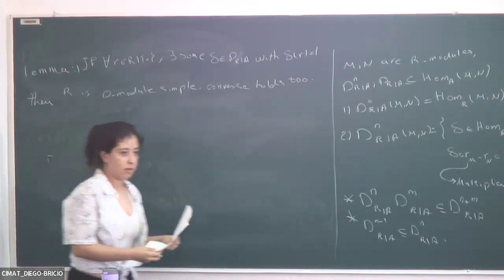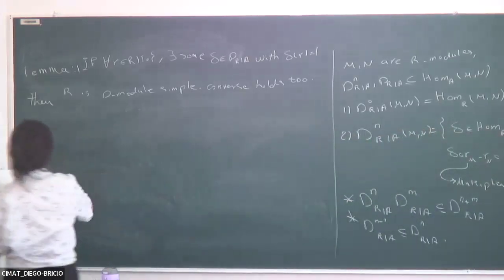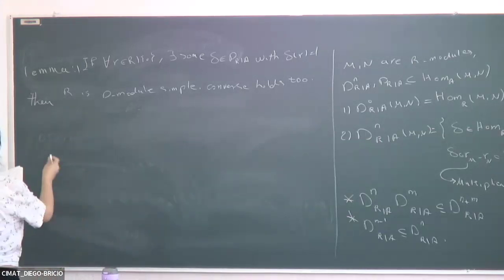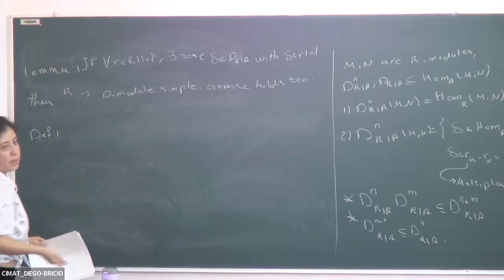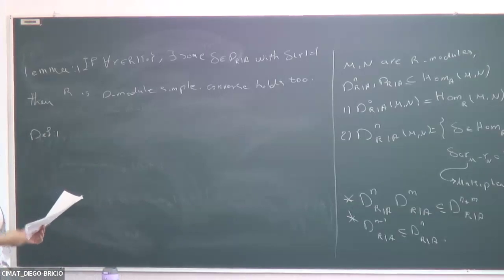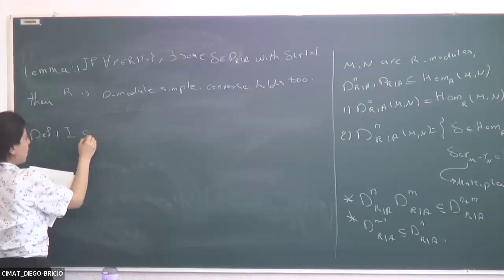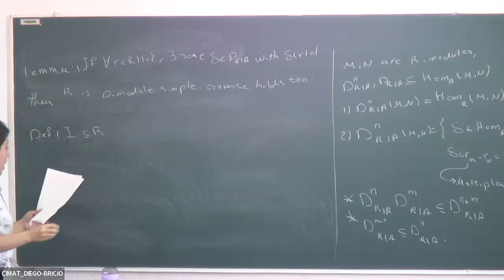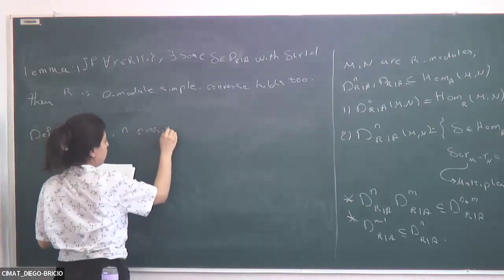So the arguments are also usual ideas. I need a definition here. We assume, as usual, R is a ring and A is a subring. We say that I is an ideal of R and n is a positive integer.